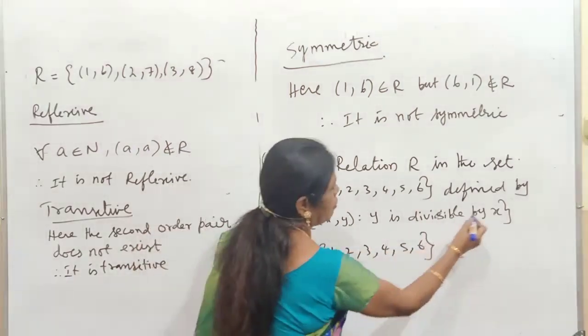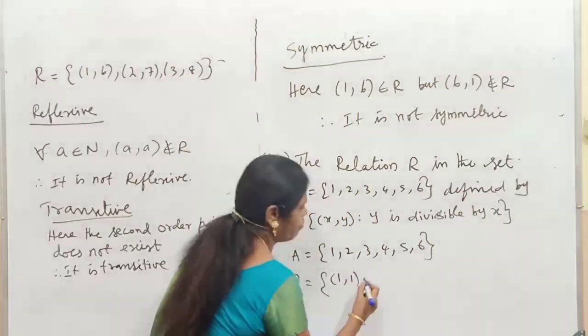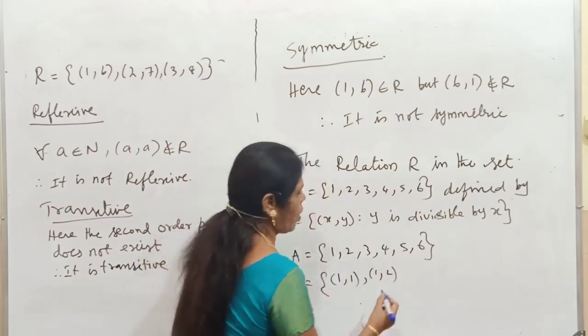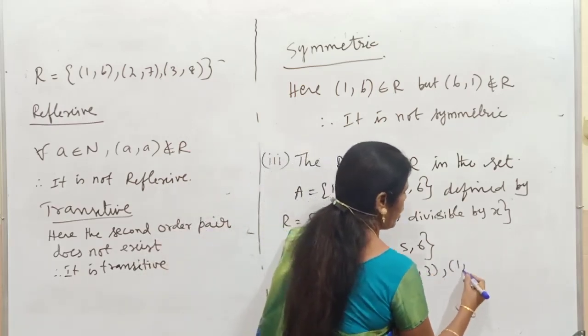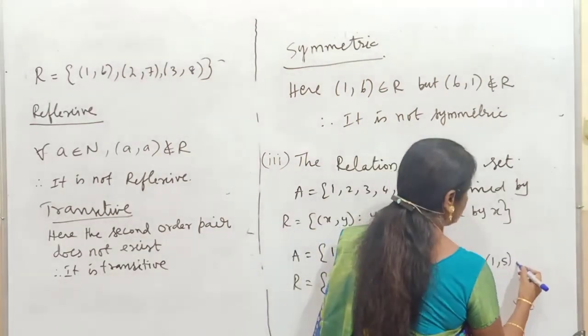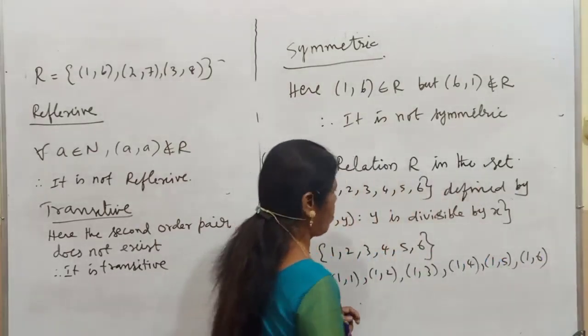So y is divisible by x. 1 is divisible by 1. 2 is divisible by 1. 3 is divisible by 1. 4 is divisible by 1. 5 is divisible by 1. And 6 is divisible by 1.